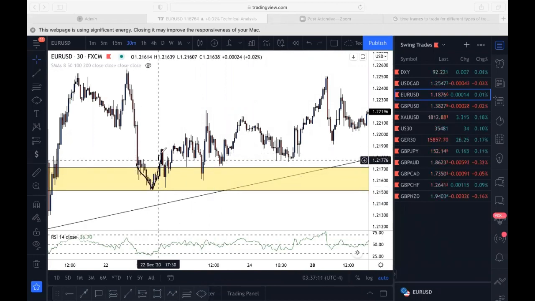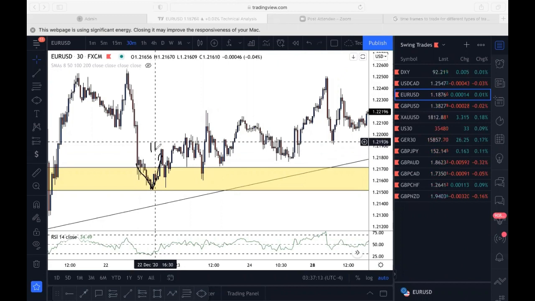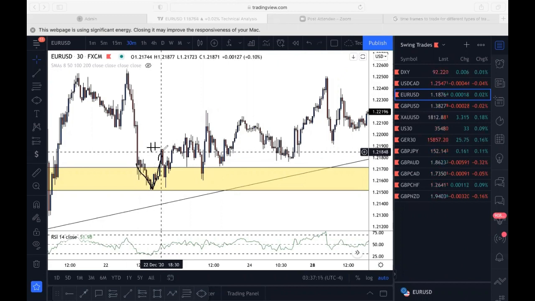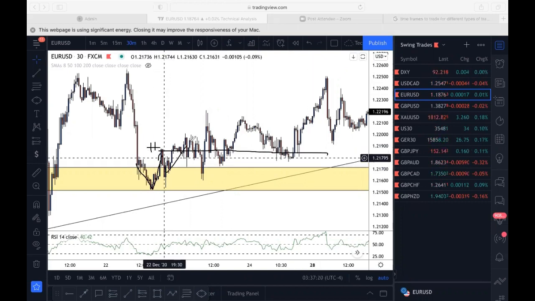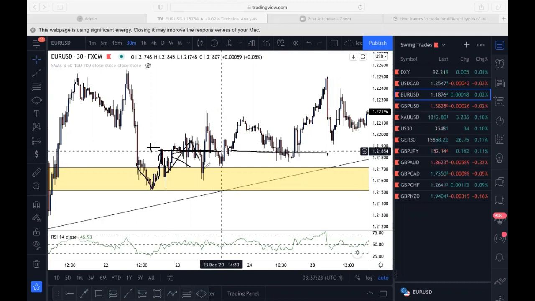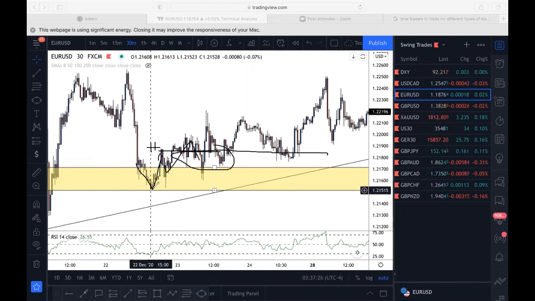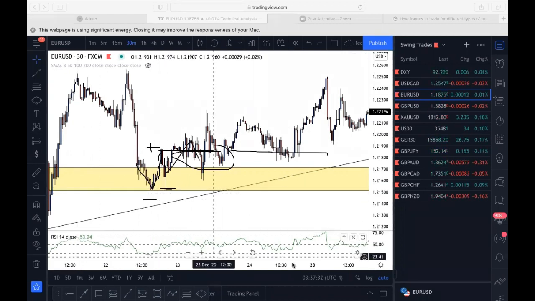Look at the structure. So we have a high here. We want to see this high get broken and retest it. So it got broken here and retested. So we could have entered here. Stop loss could have been beneath here or here.